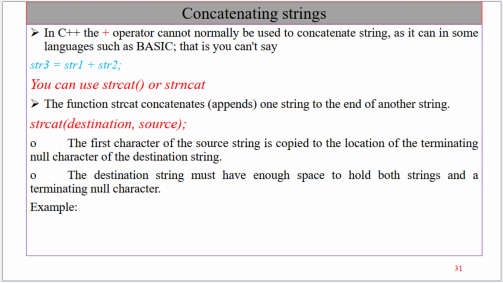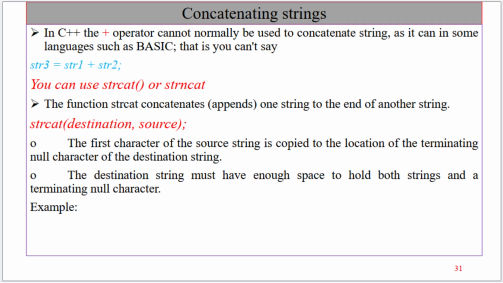Concatenating strings in C++. The plus operator cannot normally be used to concatenate strings as it can in some languages such as BASIC. That is, you can't say str3 = str1 + str2. You can use strcat.